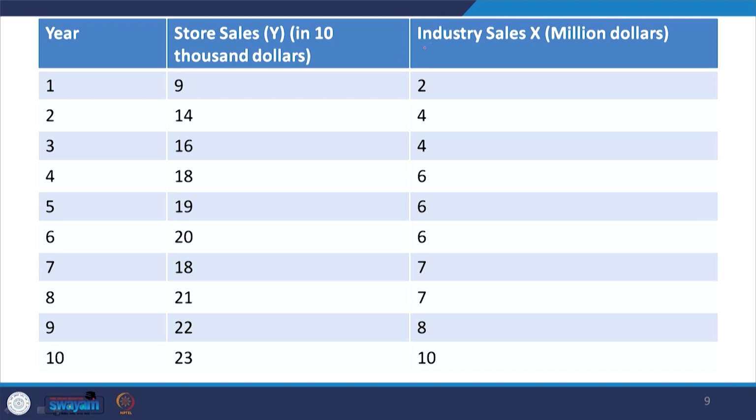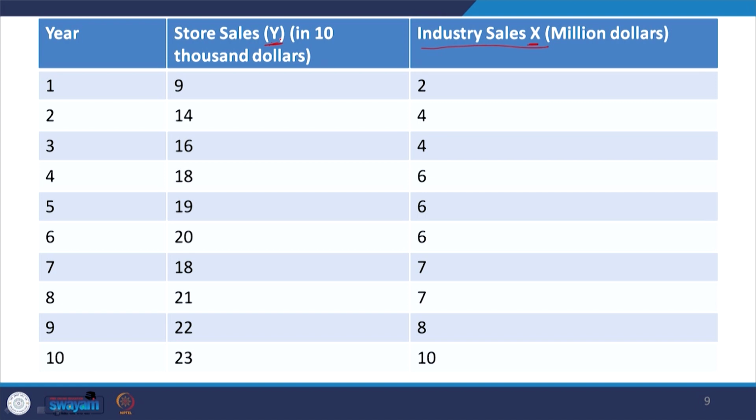Industry data is our independent variable, x, and the store data is our dependent variable, y. In the previous 10 years, when the industry sale was $2 million, my store sale was $90,000, and so on for the different periods. This data shows how the store sales have varied with respect to industry sales.